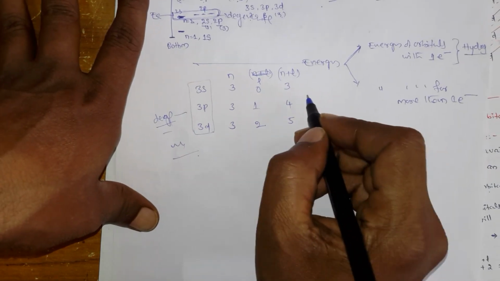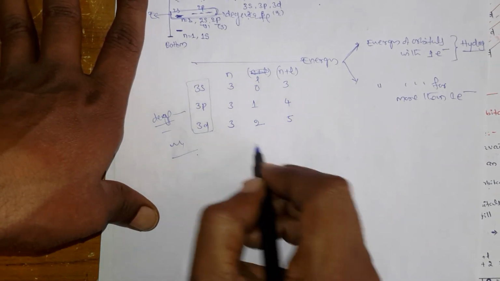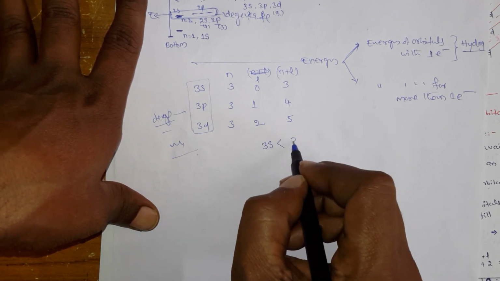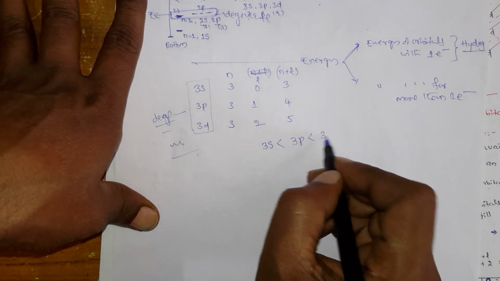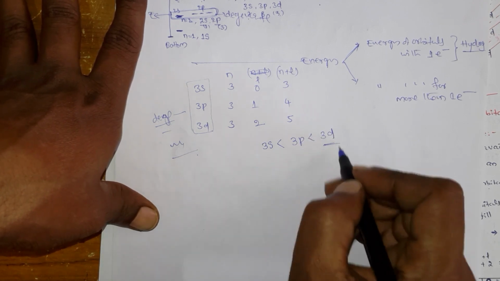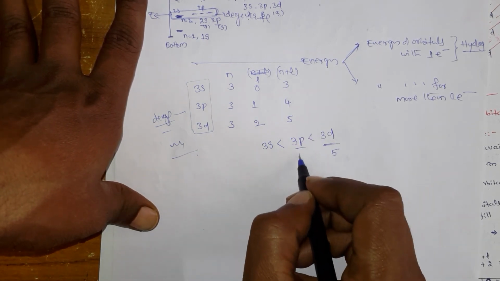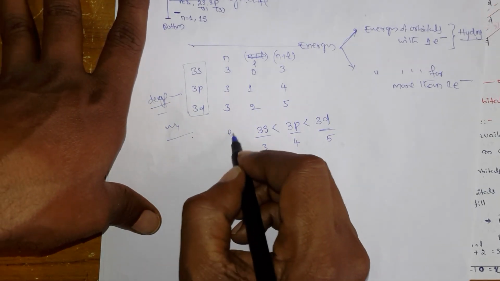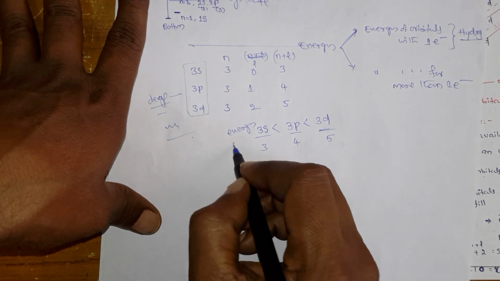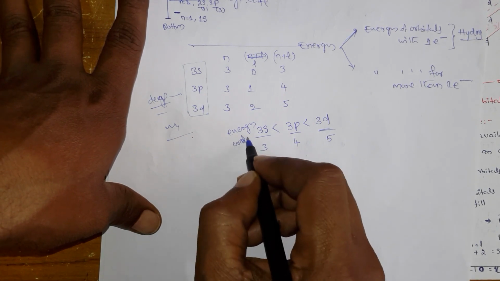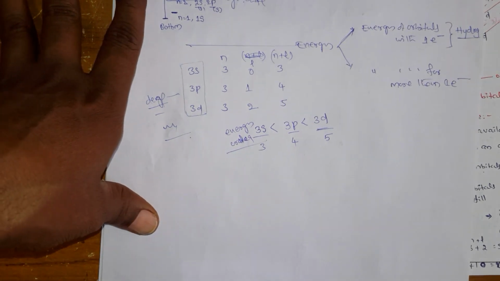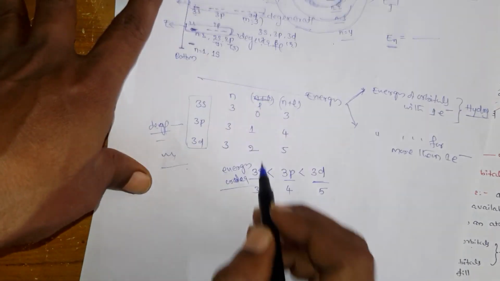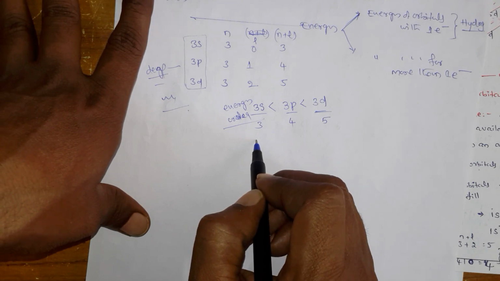Among them, the 3s orbital energy is less than 3p, which is less than 3d, because the 3d n plus L value is 5, the 3p value is 4, and the 3s value is 3. Again, in the same third shell, the energy order is like this.